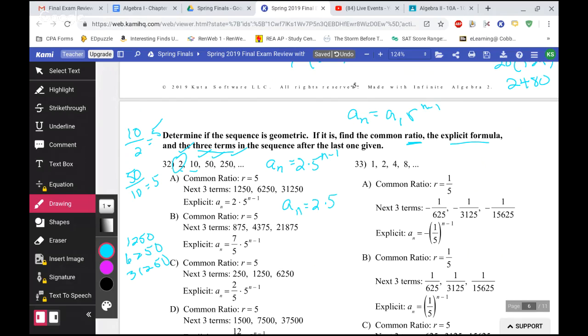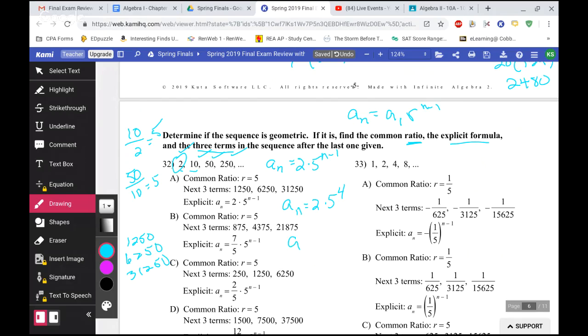So 5 raised to the 5 minus 1. That's going to be raised to the 4th power. So you have to do the power first. So 5 to the 4th is 625 times 2 is 1250.